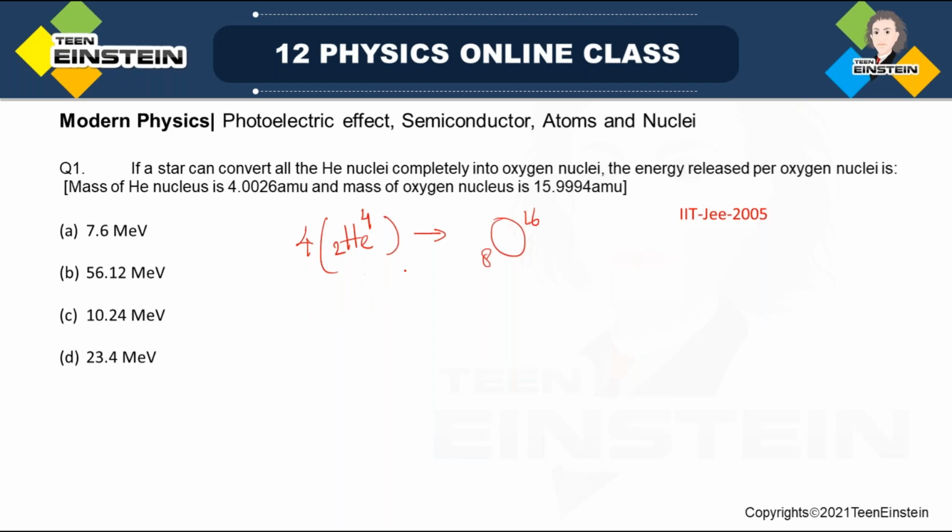Now we'll find out the mass defect. Mass defect is denoted by delta M. So mass of 4 helium nuclei minus the mass of one oxygen nucleus. For getting one oxygen nucleus, this much mass is there, so there is a mass difference, and this mass difference will be released as energy by this particular reaction.